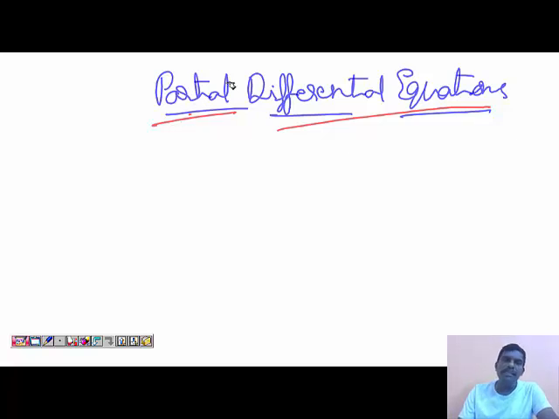And you know something about partial differentiation. And you will combine both things, partial differentiation and differential equations. We say partial differential equations. Let us derive the definition.